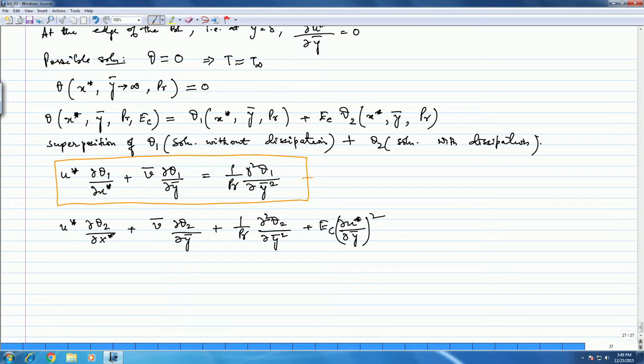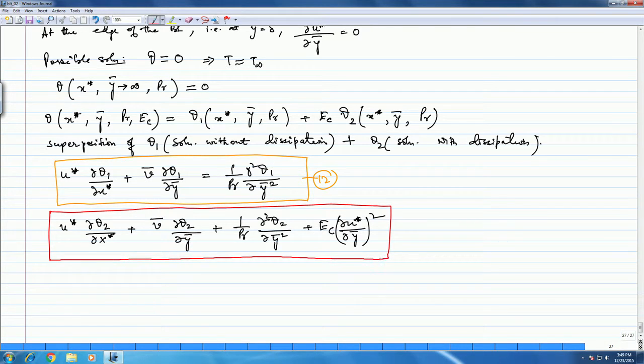So, this is equation 12. Now, 12 and 13 can be investigated separately.